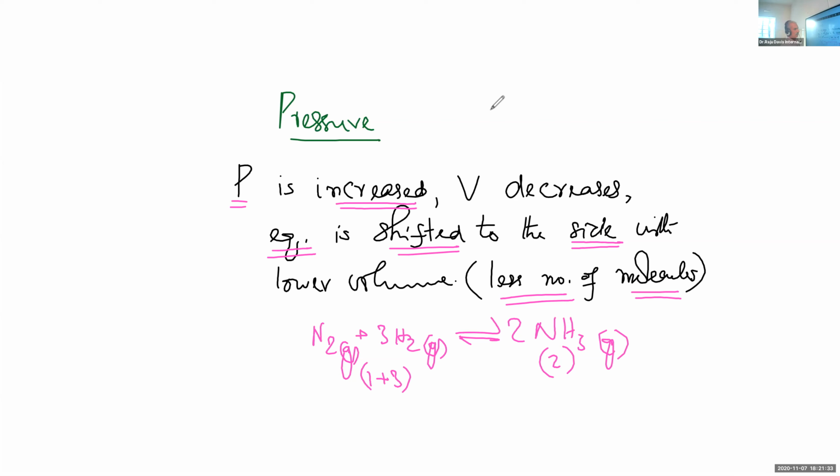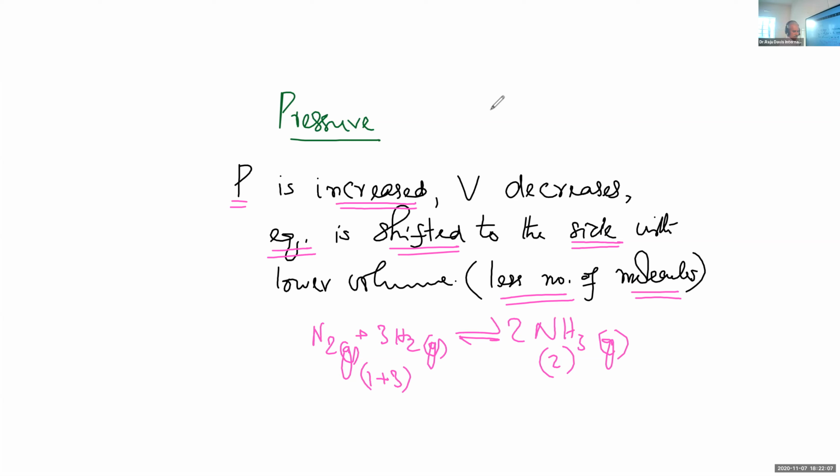So high pressure is favorable in the synthesis of ammonia from nitrogen and hydrogen by the Haber process.